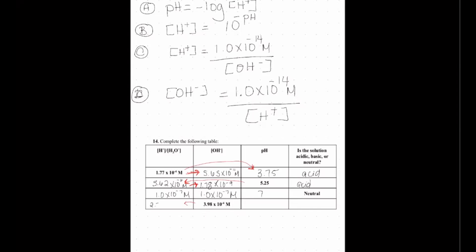This is 2.51 times 10 to the negative 11 molar. Now that I have H plus, I use equation A and I find my pH, which is going to be, let's say, 10.60.